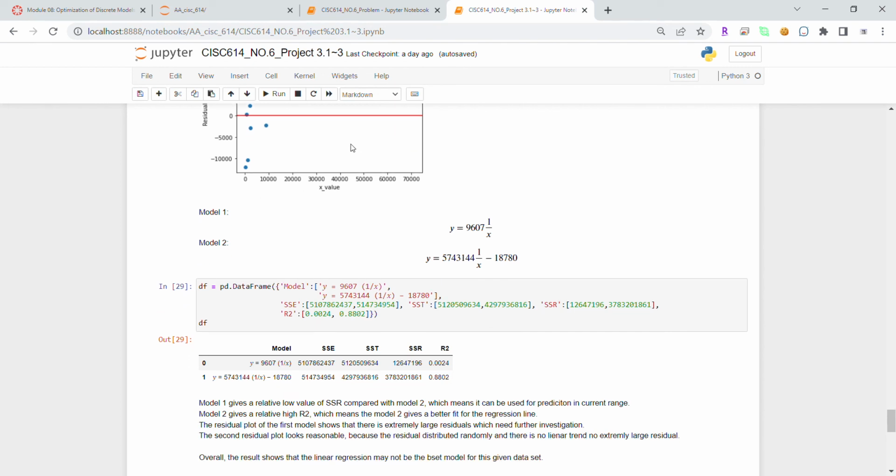So the final result shows that the linear regression may not be the best model for this given data set.